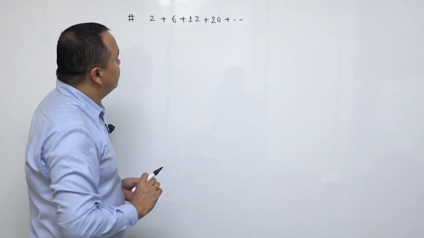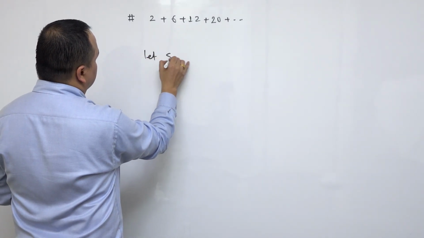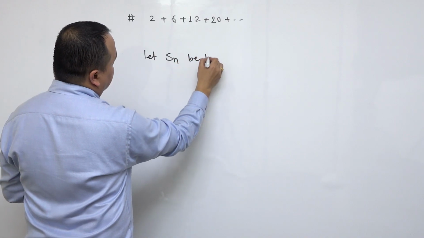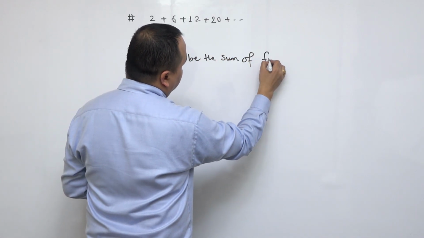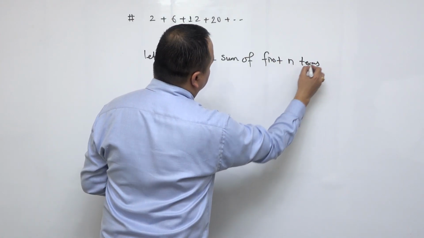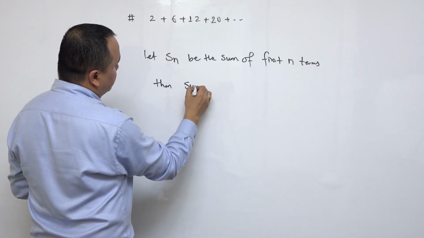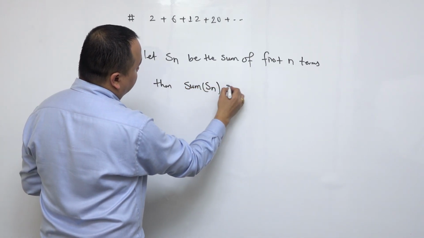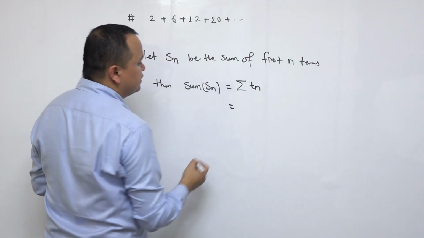For the sum part, let Sn be the sum of the first n terms, then sum Sn is equal to sigma summation Tn.